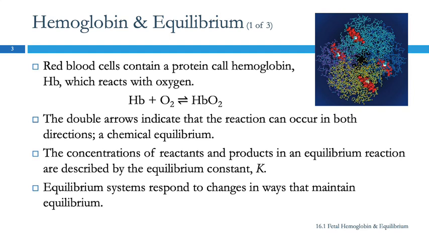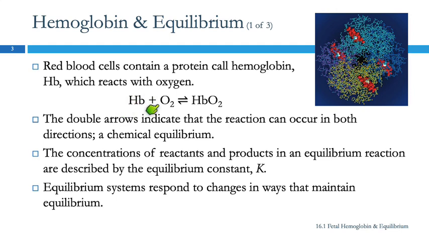So the introduction here to the significance of equilibrium talks about hemoglobin. Your red blood cells contain a protein called hemoglobin, and that's just given the abbreviation Hb. This is an illustration of hemoglobin. It's a very large, complicated molecule.